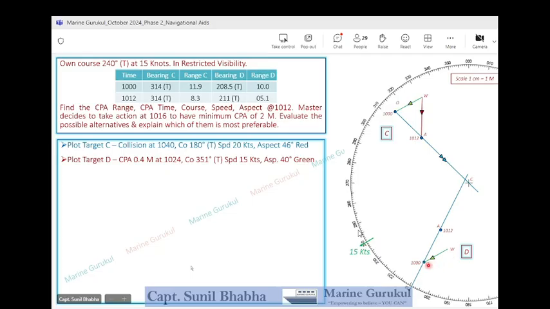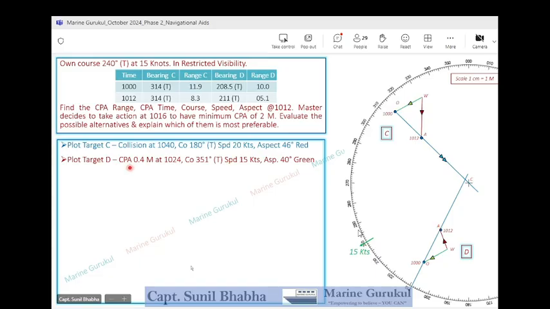Whiskey to Oscar represents own ship's course and distance covered in the plotting interval of 12 minutes. Now if we join W to A, Whiskey to Alpha, this vector gives us the course and distance of target Delta. So we can measure off the course and distance of target Delta from the WA vector.